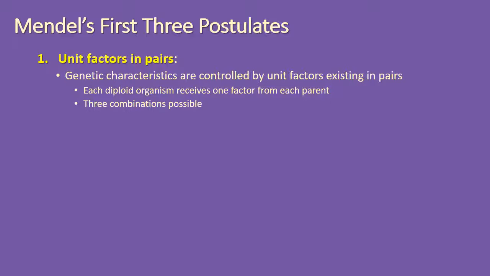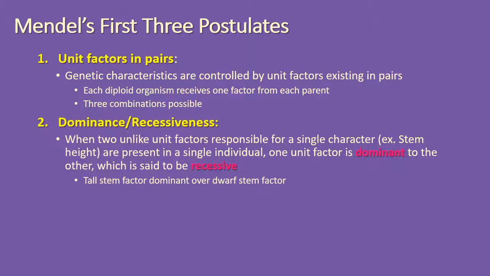So he was able to figure out that all of these plants had what we call diploid cells, which he probably didn't use the term diploid, but we know that diploid means you have 2 copies of every gene. Well, he figured out that these plants had 2 copies of every unit factor for each character that he was studying. And so if you have 2, and they're 2 different ones, you have 3 possible combinations.